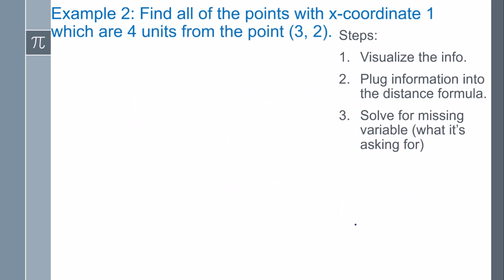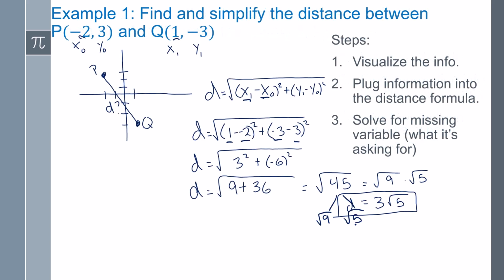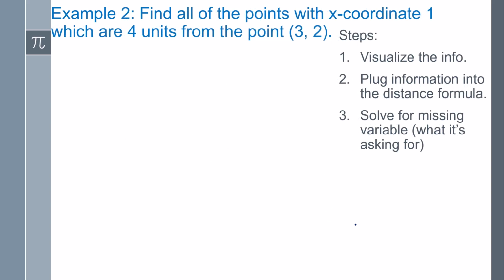Now what happens if we're a little bit more abstract? In this previous example, I'm asking you to find what the distance is, but what if I give you the distance? And I'm asking you to find all the points with the x-coordinate of 1, which is 4 units from this point 3, 2.